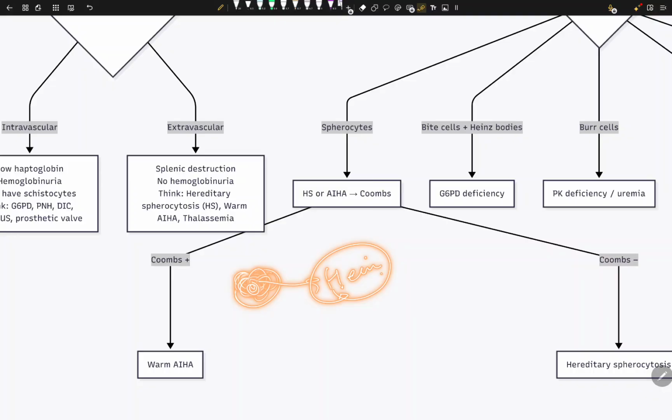And this Heinz body is later eaten up, a bite is taken from it by macrophages. Which macrophage? Spleen macrophage. And once they bite on the Heinz, we get these bite cells, right? They are not schistocytes, they are bite cells. They are eaten by the macrophage. Schistocytes are mechanically damaged. Now, bite cells are seen on smear. Heinz bodies are seen on stain. Which stain? Supravital stain.